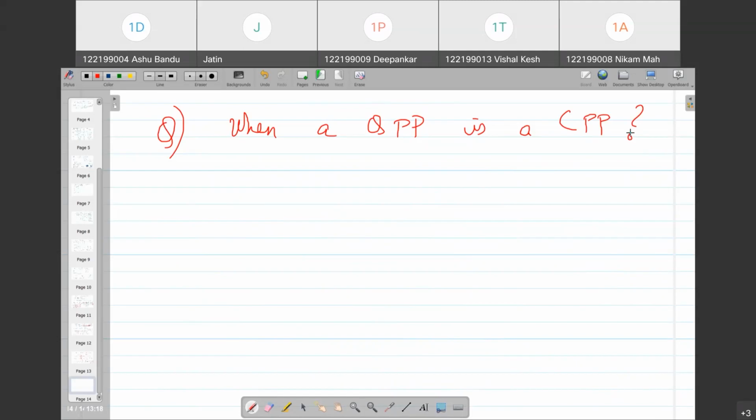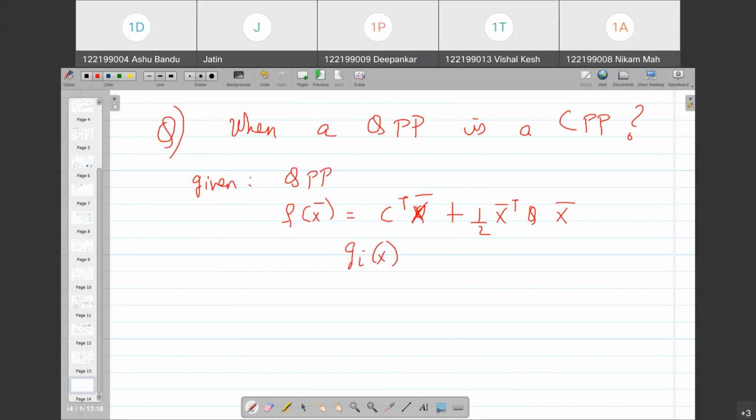So you have F equal to C transpose X plus half X transpose QX, and your GIs are less than or equal to 0, which are linear.